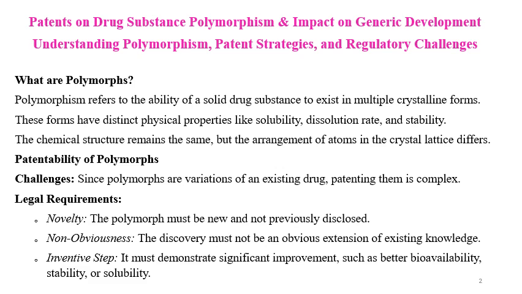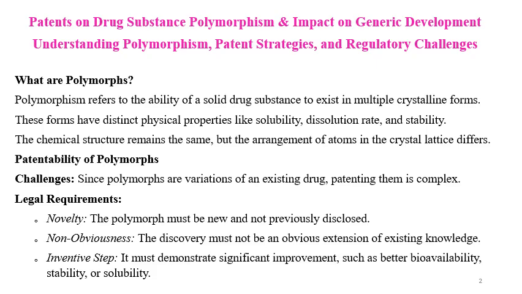Patentability of the polymorphs. Since the polymorphs are variations of the existing drug, patenting the polymorph is a complex process. There are some legal requirements for a polymorph patent like novelty, non-obviousness, and inventive step.